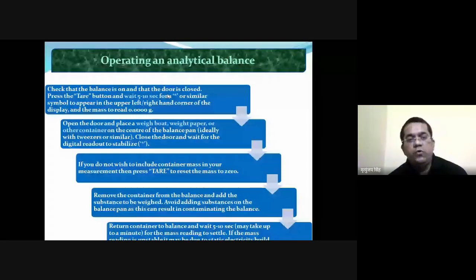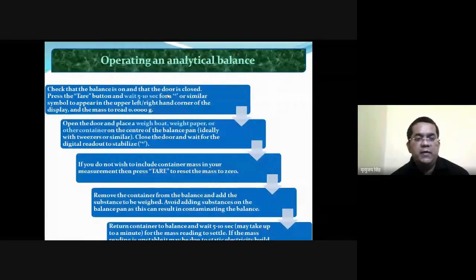Open the door and place a weigh boat, that is weigh paper or another container like a watch glass, on the center of the balance pan. Close the door and wait for the digital readout to stabilize.